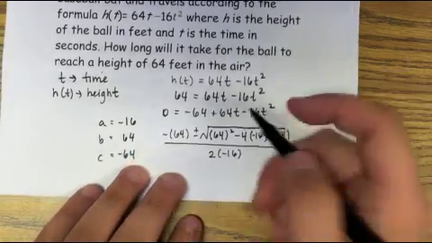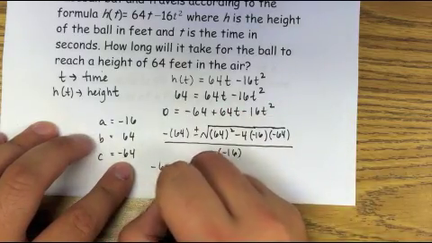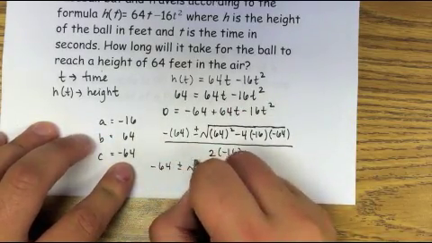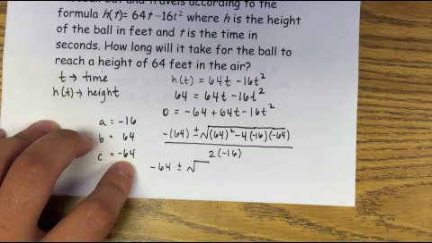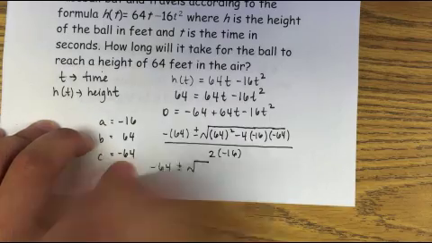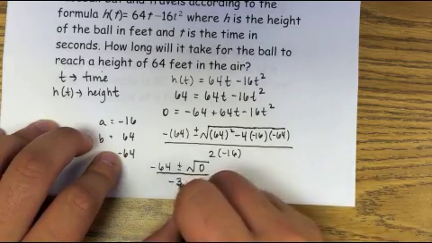Okay, so then we clean this up. Outside, inside, under. So we've got negative 64 plus or minus the square root of, let's see what that equals. 64 squared minus 4 times negative 16 times negative 64 gives us 0. That's nice. All over negative 32.